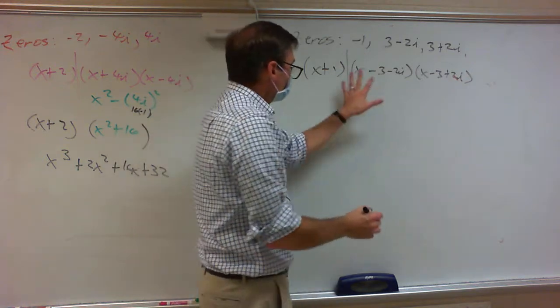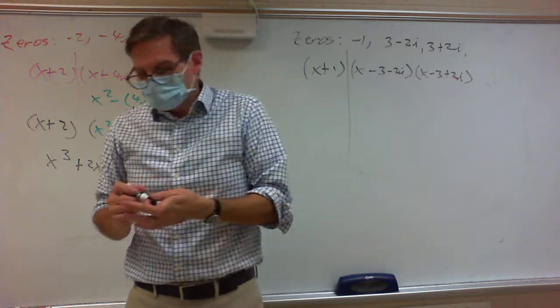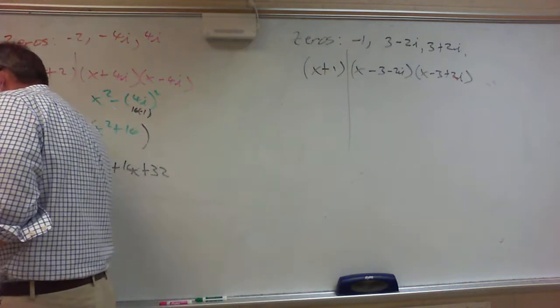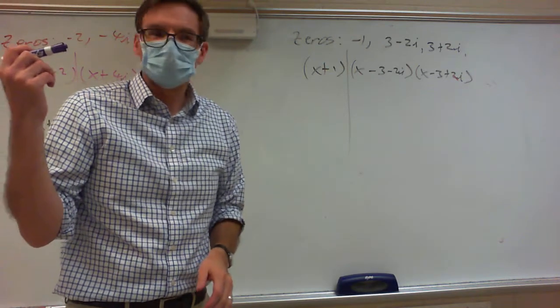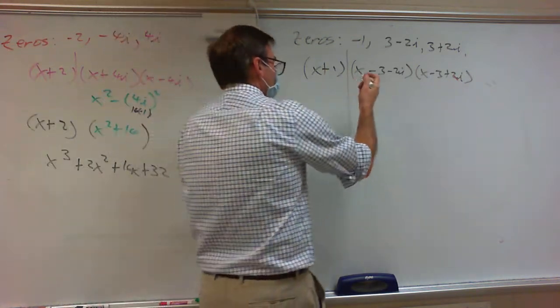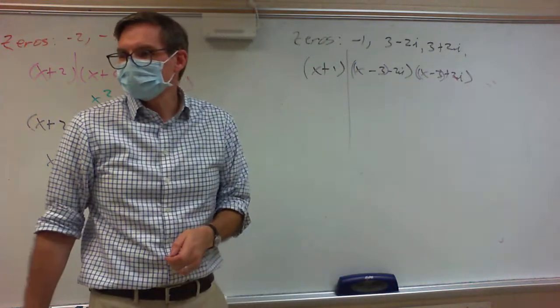I'm going to ignore this. Look here. Guess what I'm going to do? What am I going to put parentheses around? Ah, y'all are good. You see our x minus 3 is the happy face?